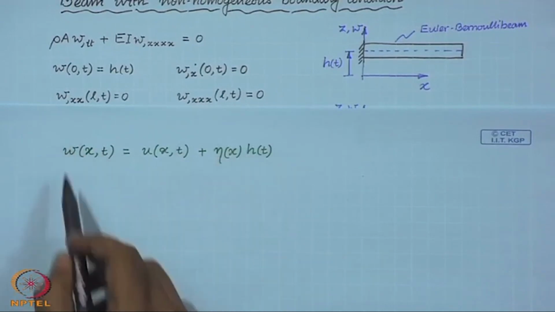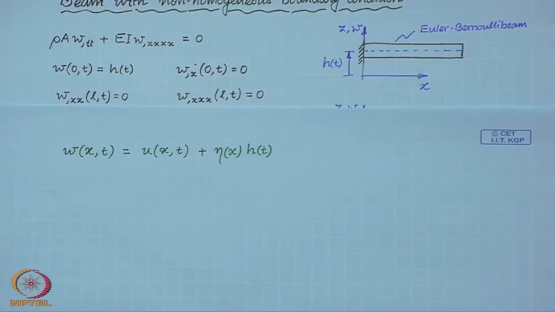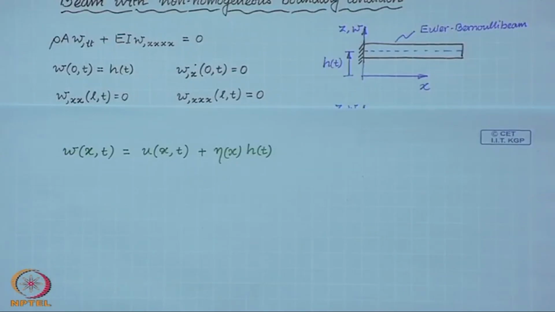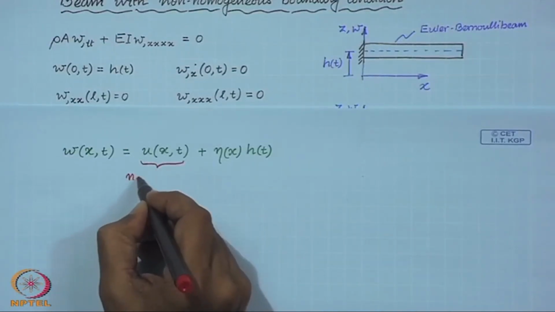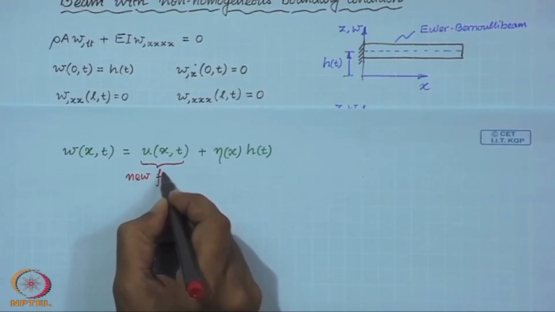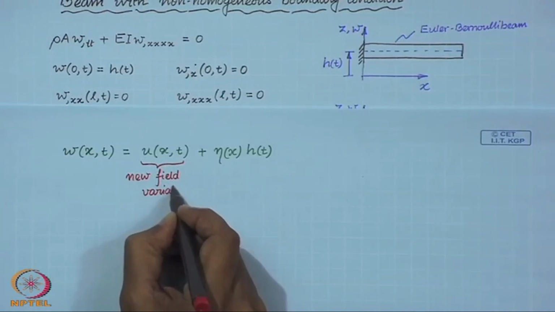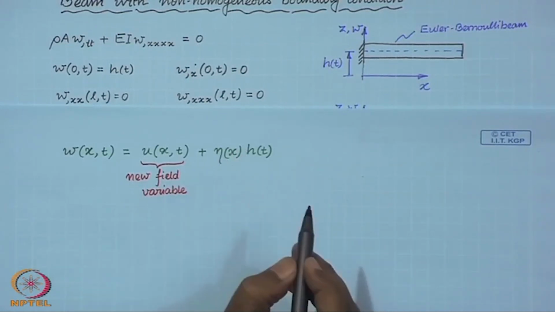Now, this structure is of course motivated by the structure of the boundary conditions. Now, if you consider this new field variable, this function is as yet unknown.